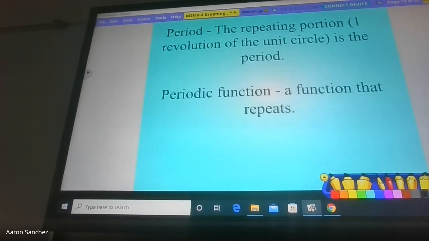That is one period. These are called periodic functions because they are patterns that repeat. That's why you can pass the eyeball test.